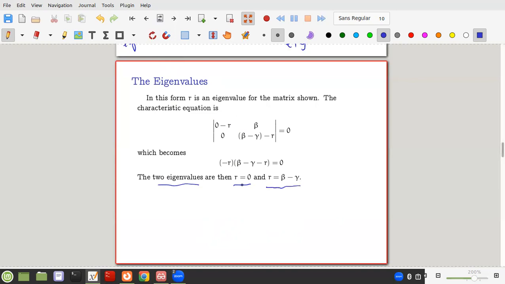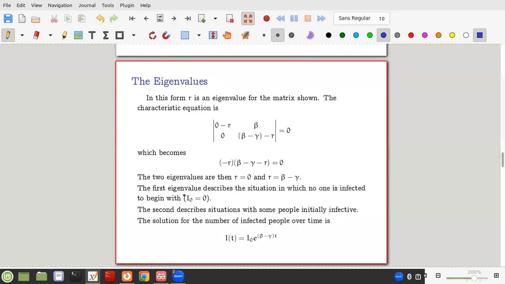R equals 0 is the less interesting. The first eigenvalue describes a situation in which no one is infected to begin with, I naught equals 0. On the other hand, R equals beta minus gamma is a situation where some people are initially infective, and the number of infected people then looks like this.